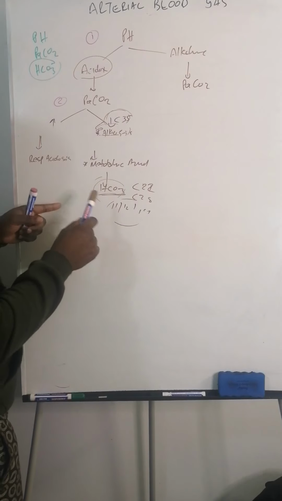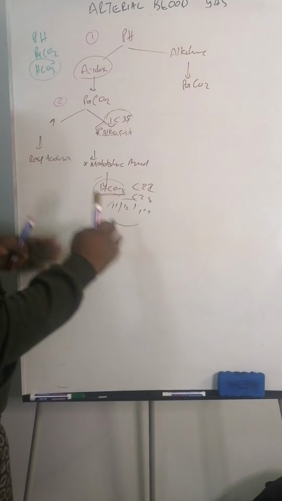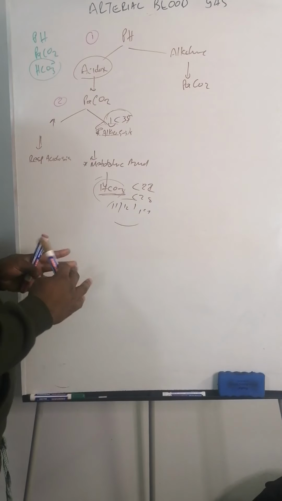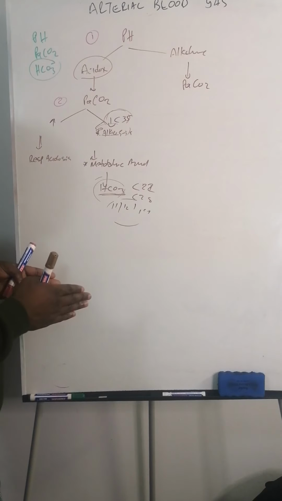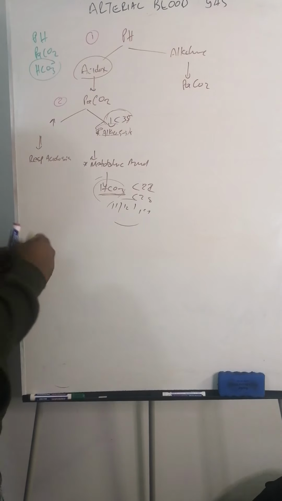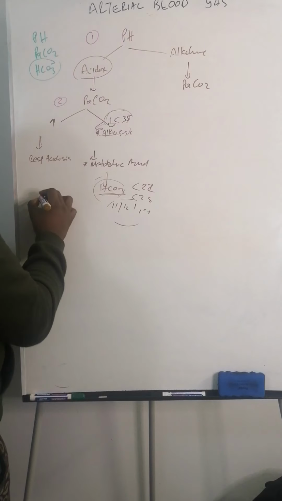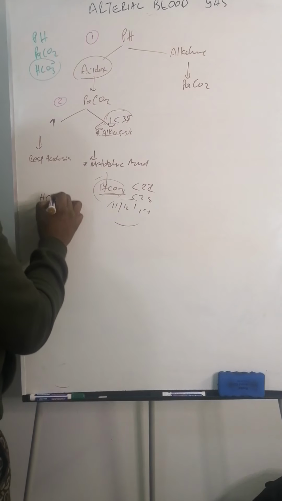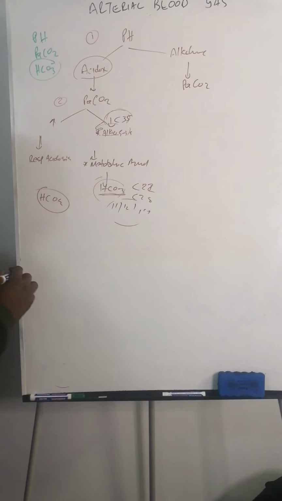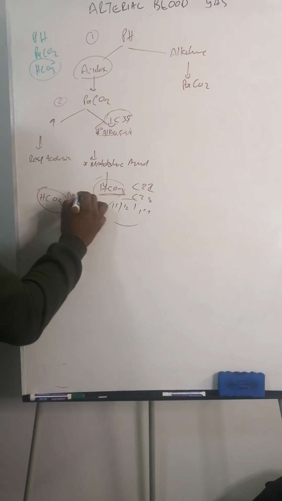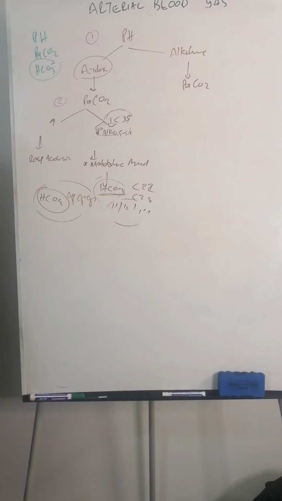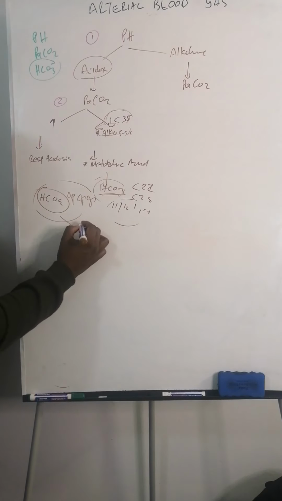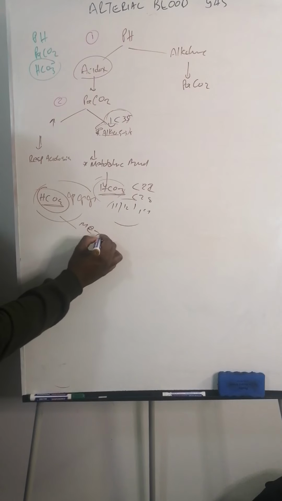High bicarbs mean alkalosis, but decreased bicarbs mean acidosis. If you've got a lot of these, your body is alkalotic, and because this is the one that is high, the alkalosis is metabolic.